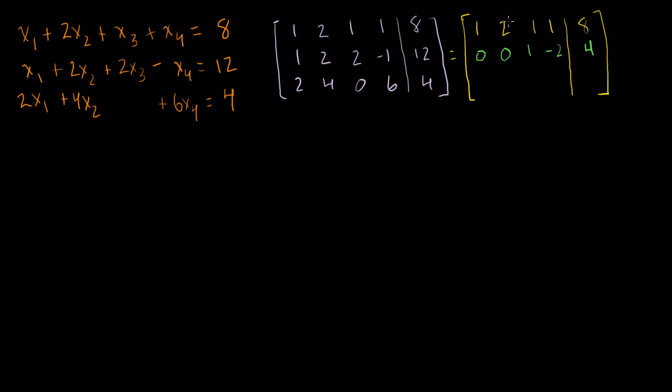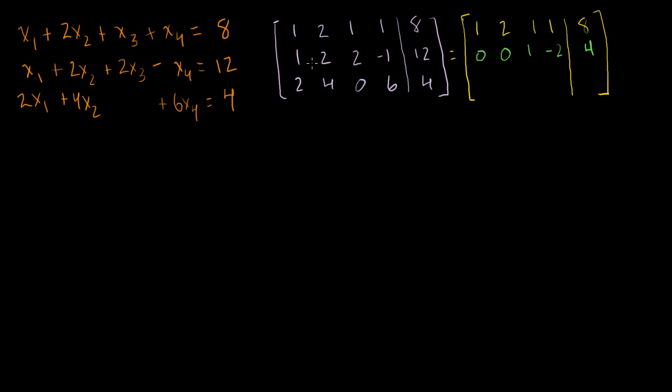It looks like x2, which is represented by column 2, might be a free variable, but we're not 100% sure yet. Let's do all of our rows. To get rid of this guy right here, let's replace our third equation with our third equation minus 2 times our first equation.